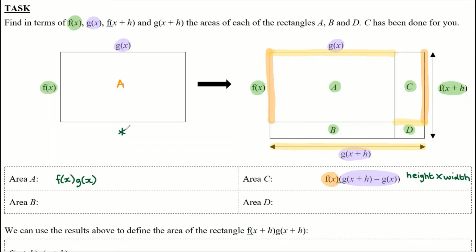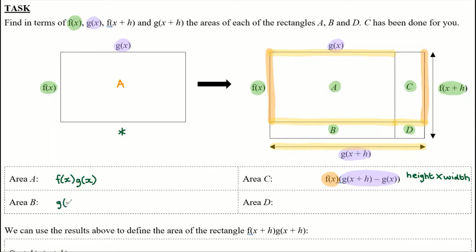Area of B, which is the thin strip on the bottom. Now then, if you look at the length of B, which I'm going to do first, that's the simpler bit. The length of B is just simply going to be g of x, isn't it? Because it corresponds to the length of A. They share the side. So for the length of B, it's just going to be g of x.